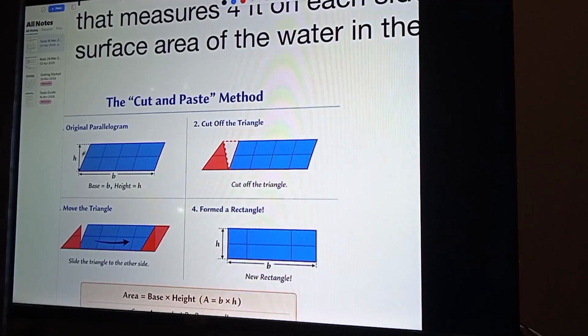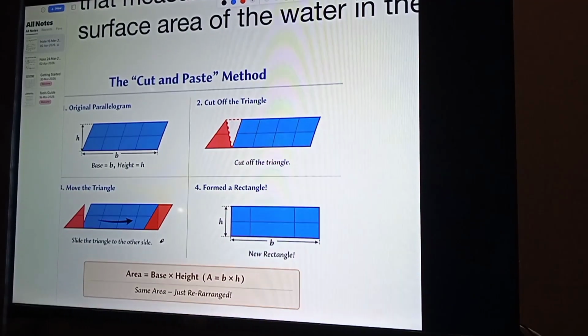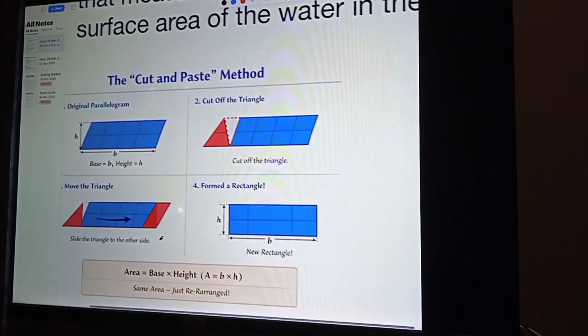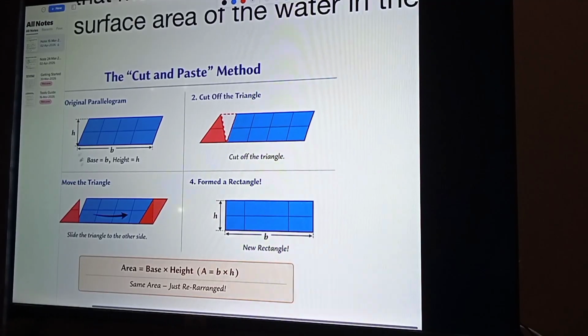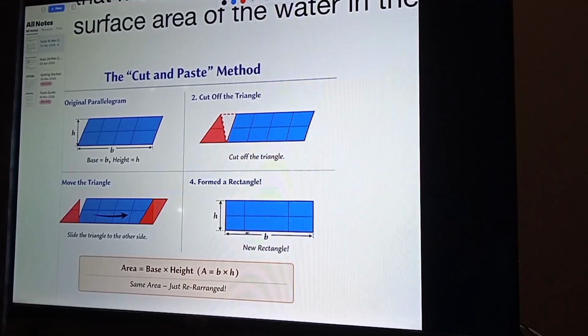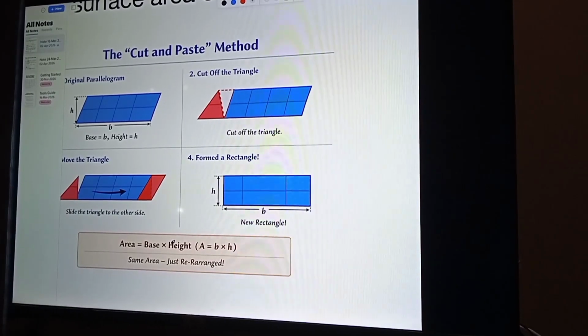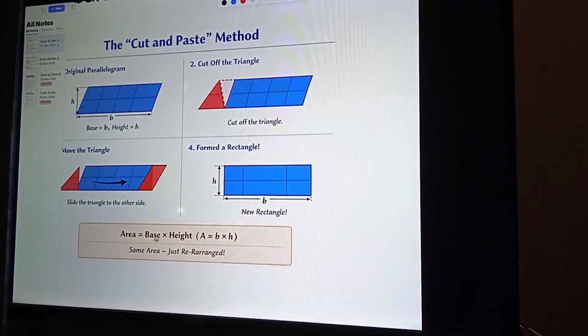So cut this piece from here and attach it to the next slanted side. When you cut it from here and connect it to this side, this becomes again a rectangle. So again this will form the area of a rectangle.